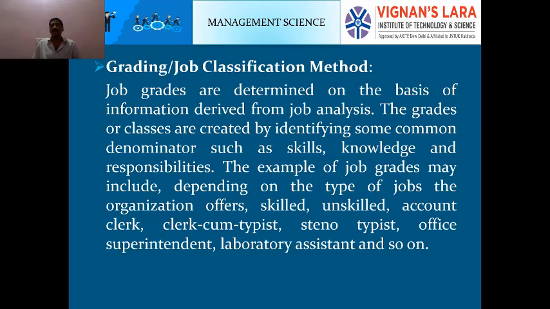That means the grades are fixed according to the skill and nature of the work. Different labor categories are used as examples: skilled, semi-skilled, clerk, steno, etc. So the grades are fixed on the basis of parameters, that is skill, knowledge, responsibilities, etc.